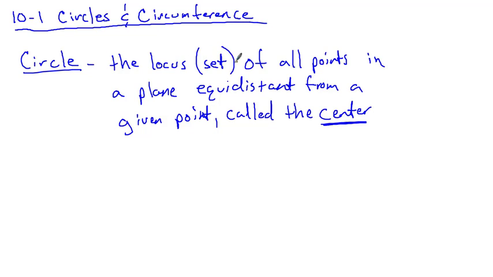It's the locus or set of all the points in a plane that are equidistant from a given point called the center. So I'm going to start with a little picture. So here's my given point. This is one point. And I can draw another point here, right? Well, the distance between those 2 points, there's another point that's that same distance away, and it might be over here.